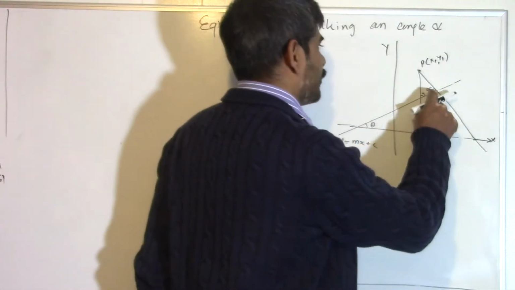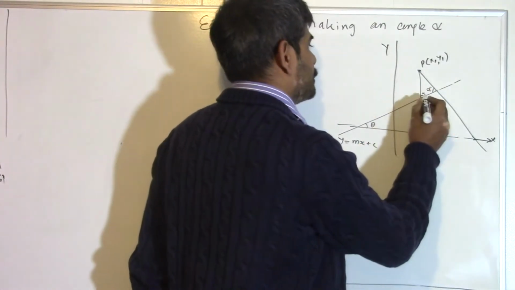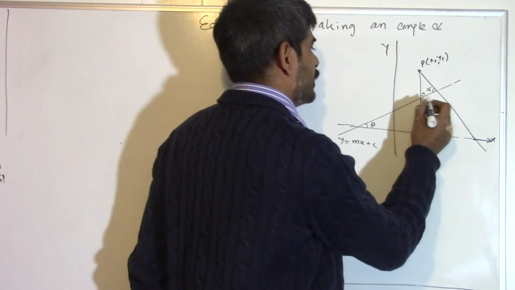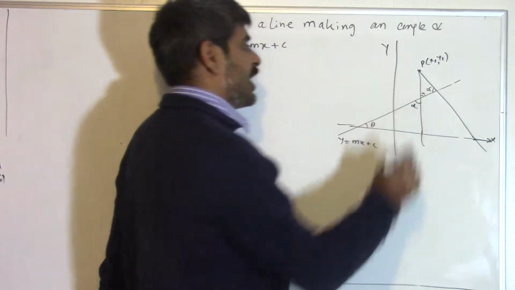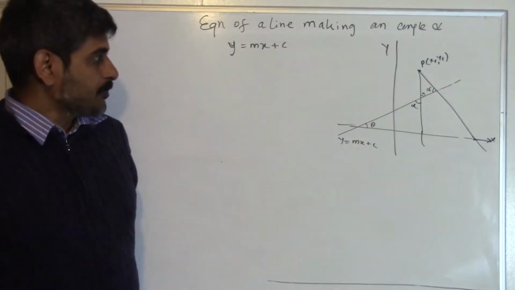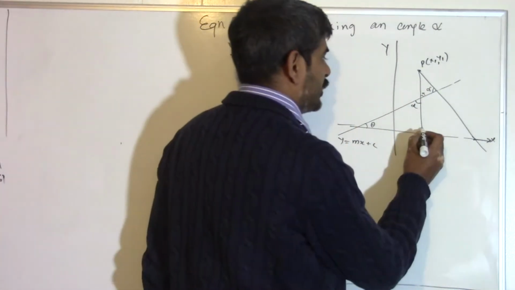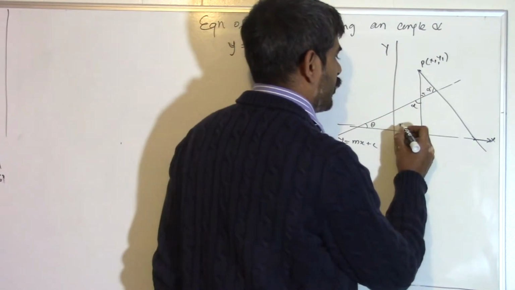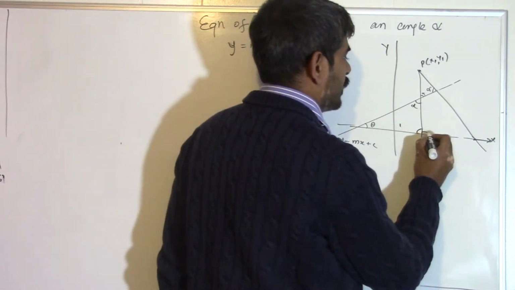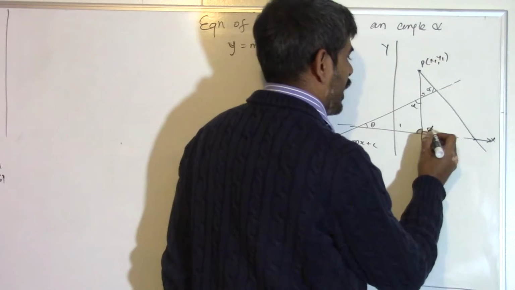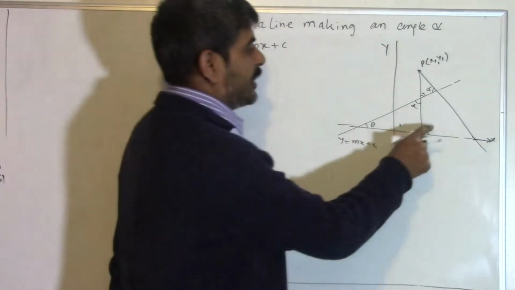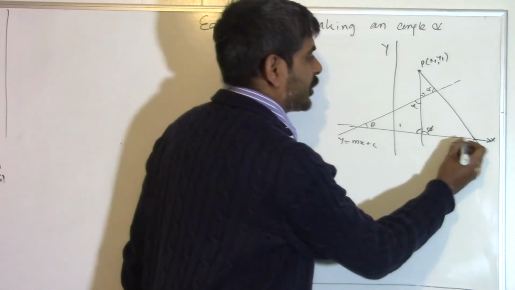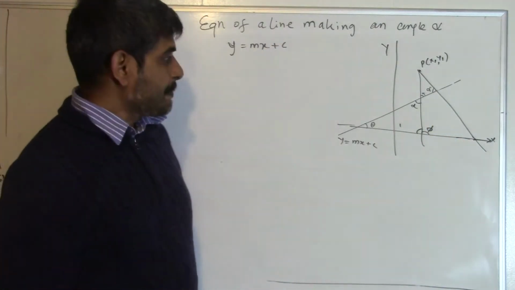this angle is alpha. That means this angle is also alpha. And from this triangle, let us say this angle is phi, which gives the gradient of this line with respect to the x-axis.